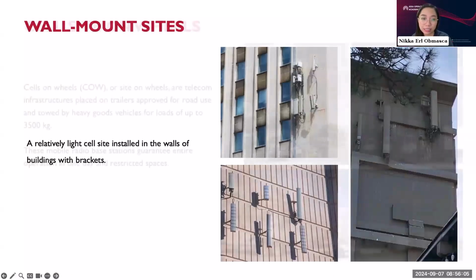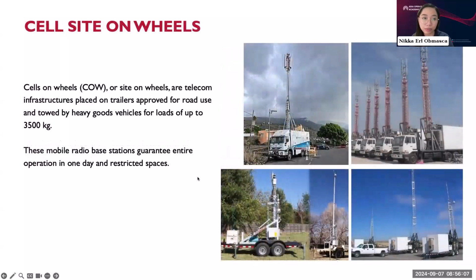Next is cell site on wheels. So, etong mga cell sites on wheels naman are telecom infrastructure placed on trailers, approved for road use and towed by heavy goods vehicles for loads up to 3,500 kilograms.